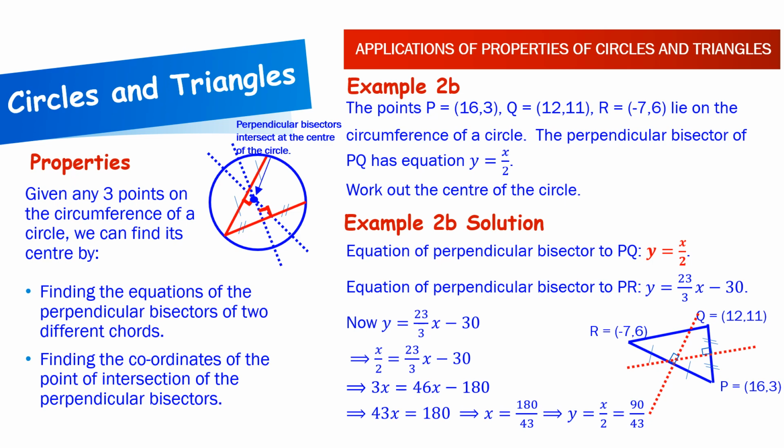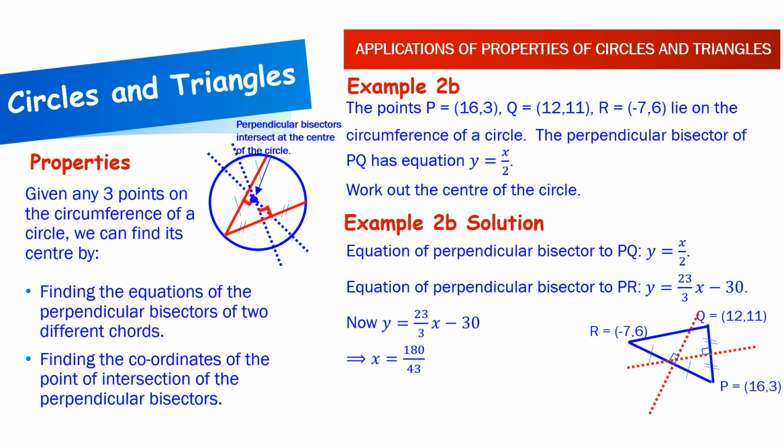And so substituting this value, x equals 180 over 43, in the equation y equals x over 2, gives us that y is equal to 90 over 43, as shown. And therefore the centre of the circle is at 180 over 43, 90 over 43.